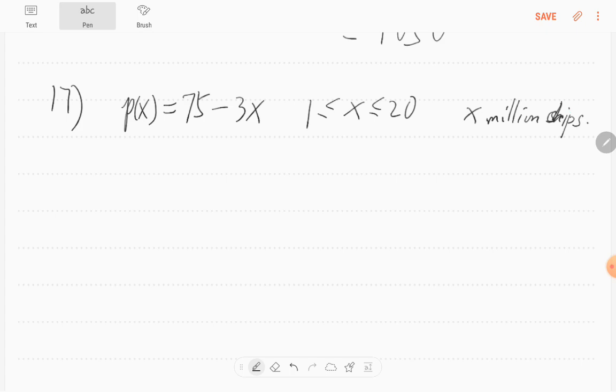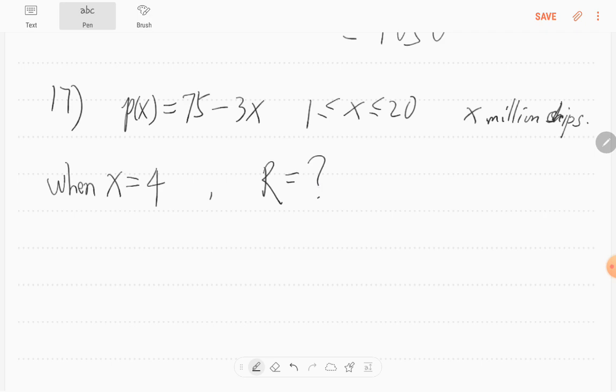The problem is, what is the revenue if the company sold 4 million chips? In other words, when x equals 4, what is the revenue R?